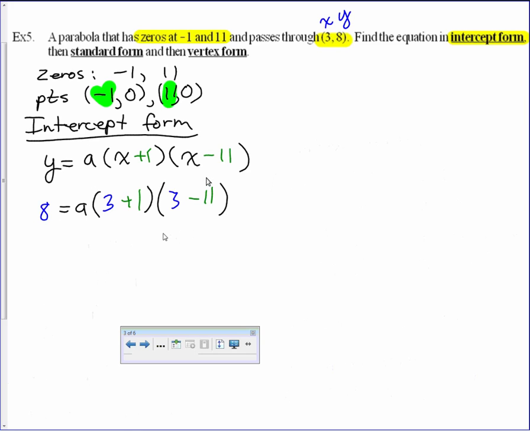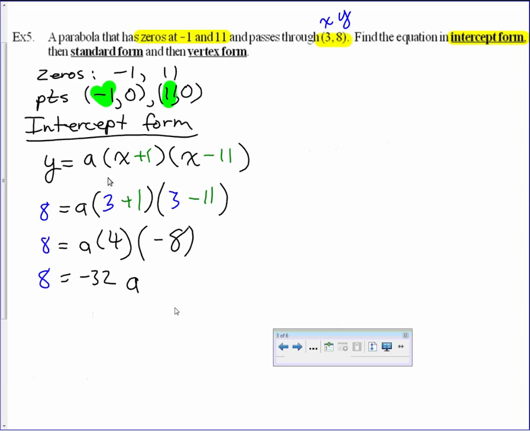So now we simplify this bracket, simplify that bracket, and we end up with 8 equals 4 times -8, times a. So now we bring these two numbers together to get -32 and then put the a behind, and then we have to solve for a.